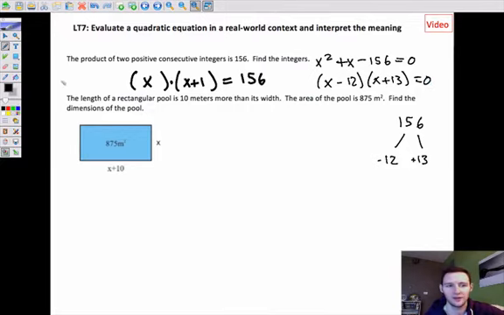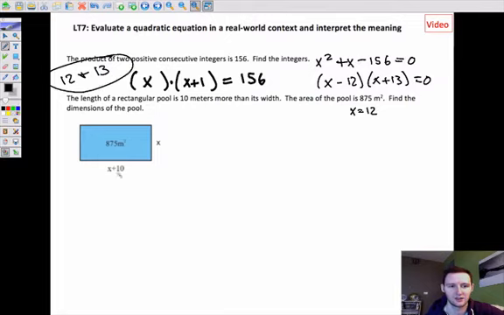Now, if I finish solving this, I get x equals 12, x equals negative 13. But it says two positive consecutive integers, so let's get rid of the negative answer. The two integers are 12 and the next consecutive one, 13. So the answer is 12 and 13.